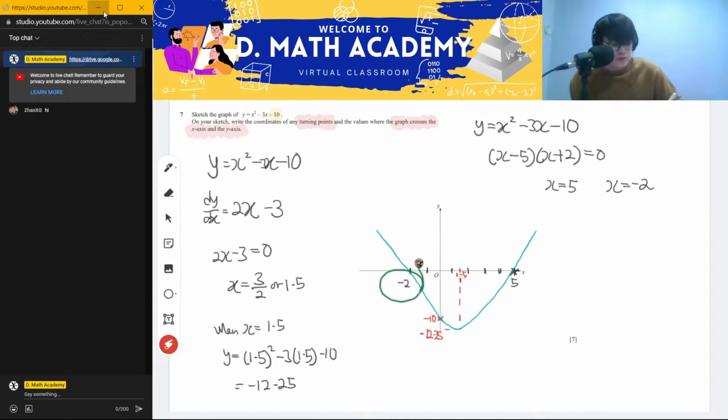So your -2 and 5 must be correct. Your -10 must be correct. Labeling your 1.5 and 12.25, and then the overall graph shape. If you plotted all the points correctly, but your graph is a bit weird or crooked, then they might give you 6 or 5 marks.